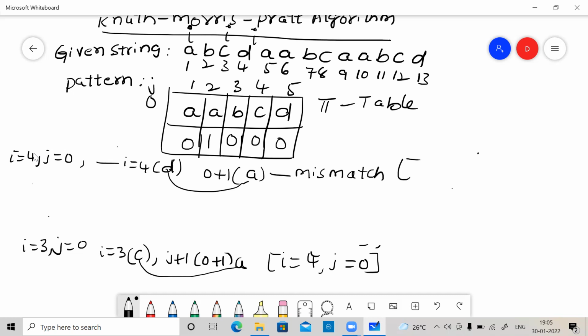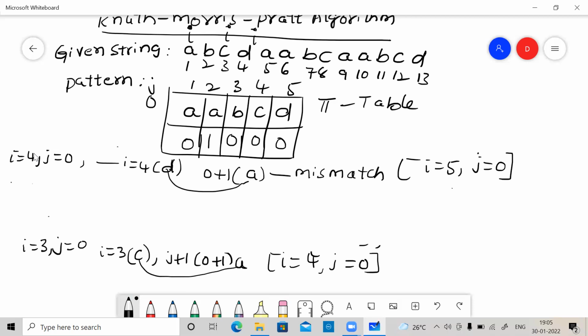We don't have any values less than 0, so again we increment i. i will be 5 and j will be 0. j will not decrement.